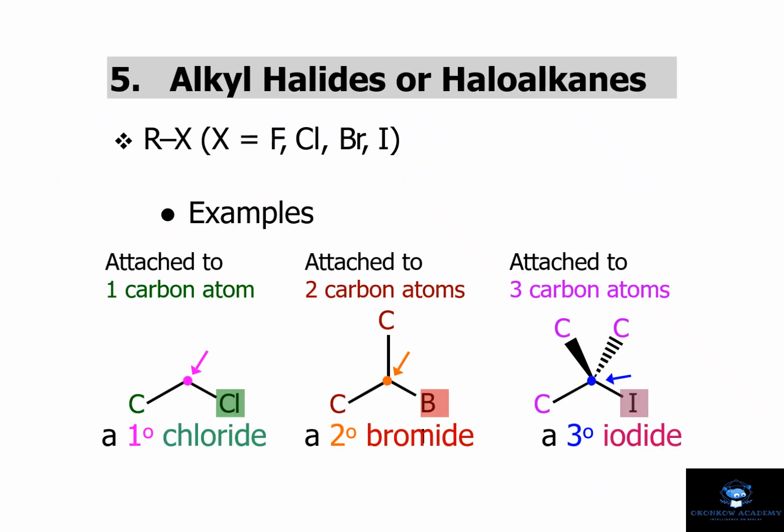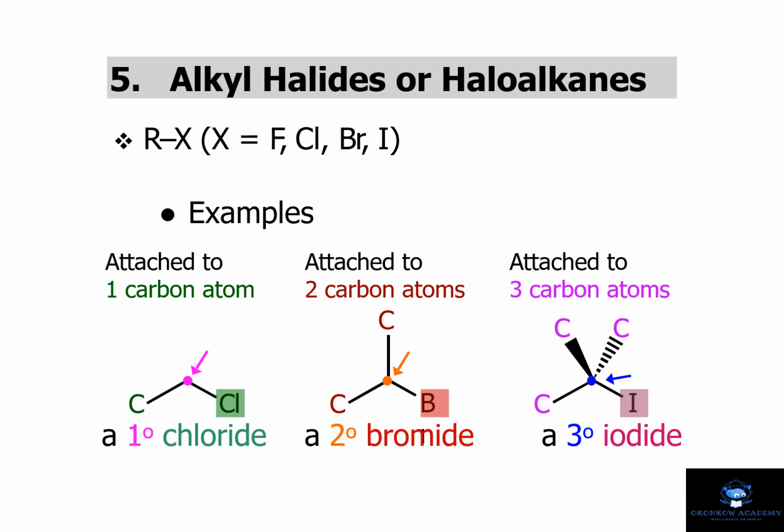Now, alkyl halides or haloalkanes. The first heteroatom-containing functional group we will study is the alkyl halide or haloalkane. General structure RX, where X is fluorine, chlorine, bromine, or iodine. Alkyl halides are classified by the substitution of the carbon bearing the halogen.